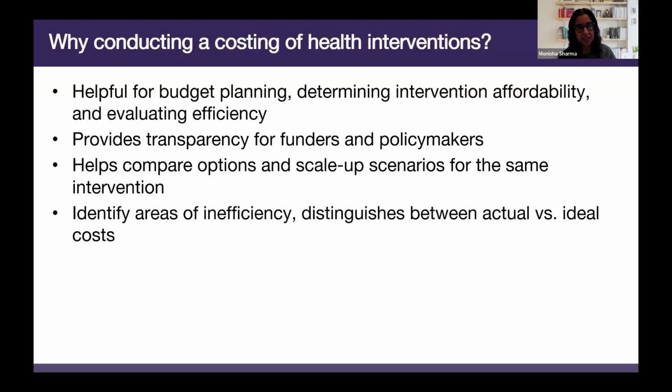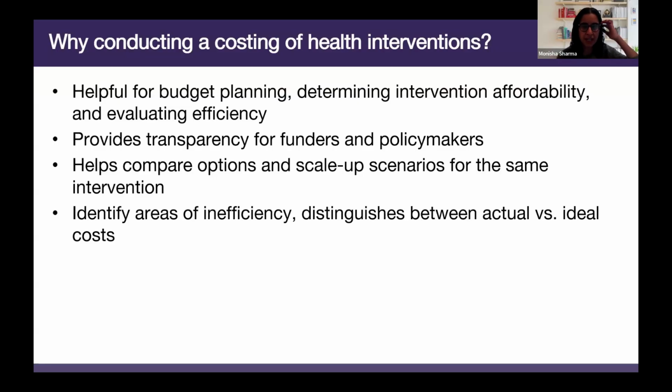You can also use costing to identify areas of inefficiency. So if you're doing a microcosting and you can see that you're spending a lot of money in one area, you could interrogate that and see if you can create efficiencies, reduce paper forms, anything that would reduce the cost and increase your affordability of that intervention.